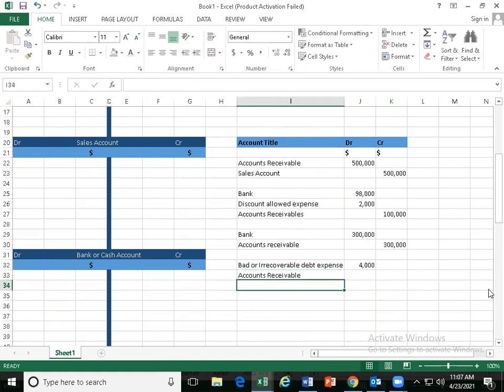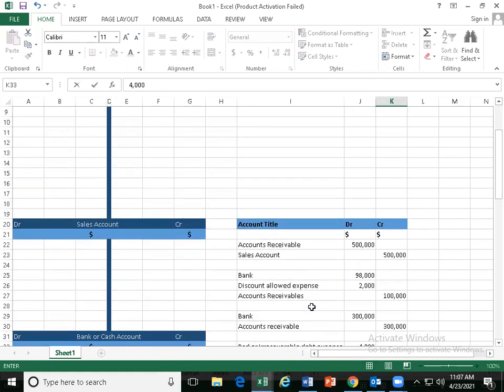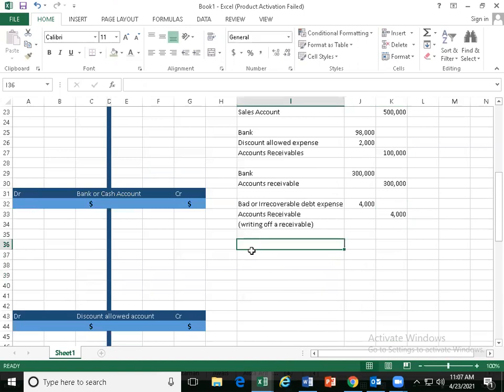Okay, and what is this transaction? We are actually writing off a receivable. We are removing a receivable from our system. Okay, eliminating receivable from the system. That's 4,000. And finally, the provision or allowance for doubtful debts. So we debit the doubtful, not bad.